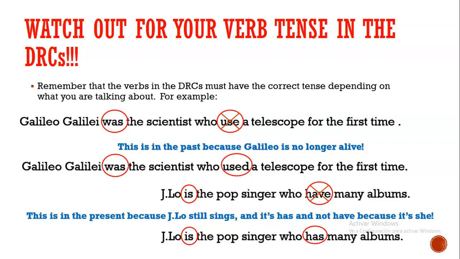She's still alive. And it is has and not have because it's a she. Remember that when we reviewed the simple present, we said that for he, she, and it, the verbs in affirmative sentences needed an s, es, or ies at the end. Or in this case, the verb have, which is irregular, changes to has. So be very careful on the tense that you use in your verbs.